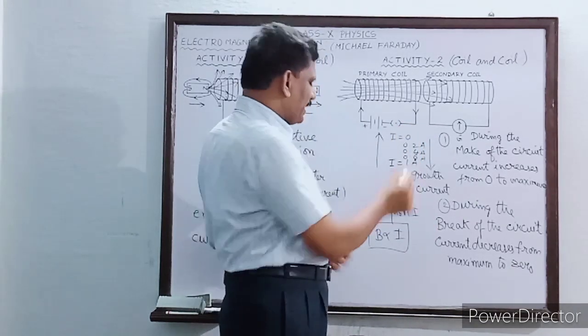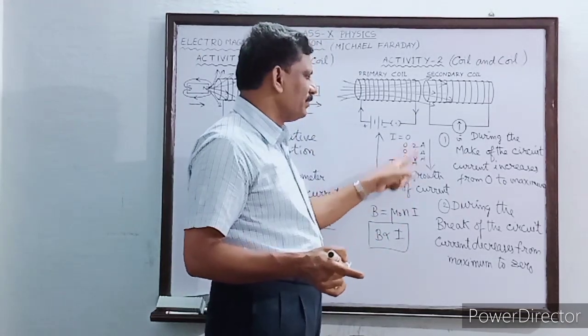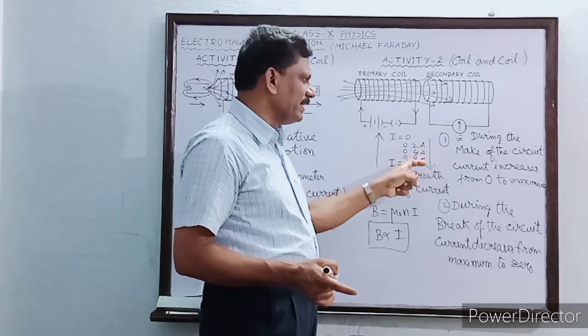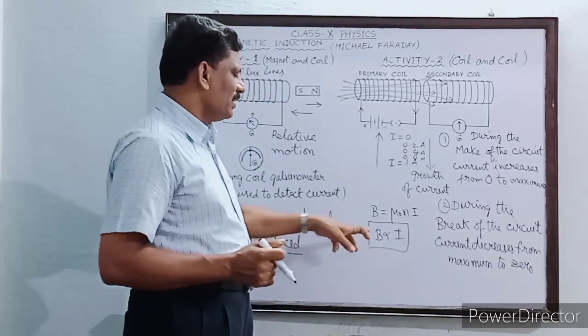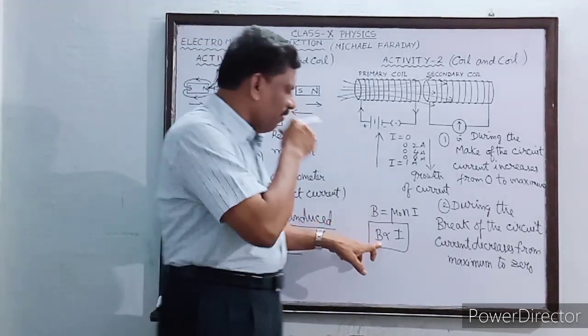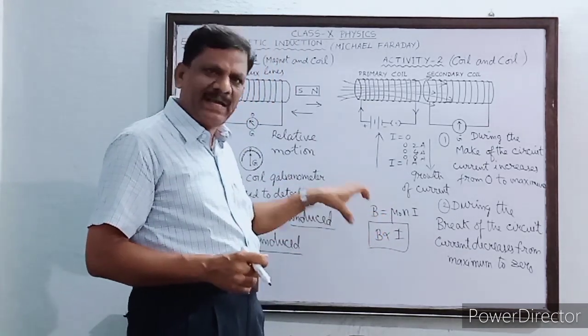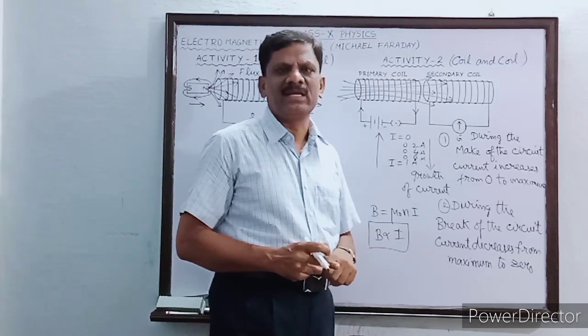When the current is maximum, the magnetic field will be maximum. In between 0 and maximum, when the current passes through values like 0.4, 0.6, during which the current changes, the magnetic field also will change. So during the change of the magnetic field only, there will be deflection in the galvanometer in the secondary coil.